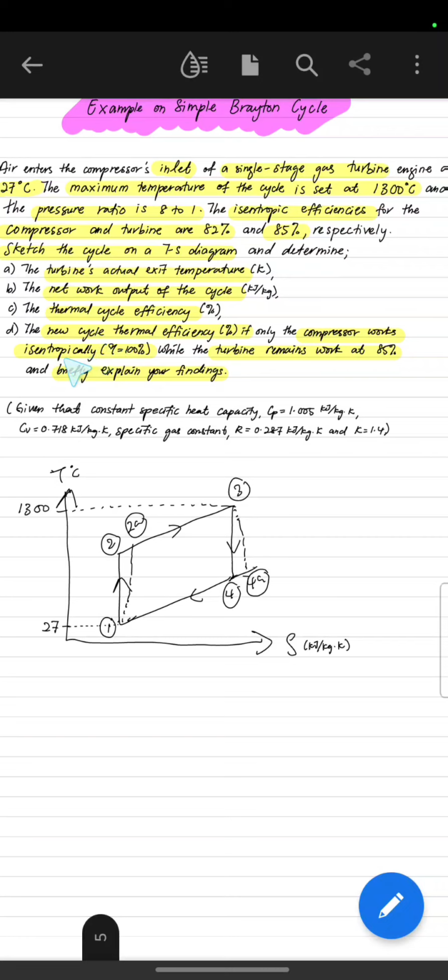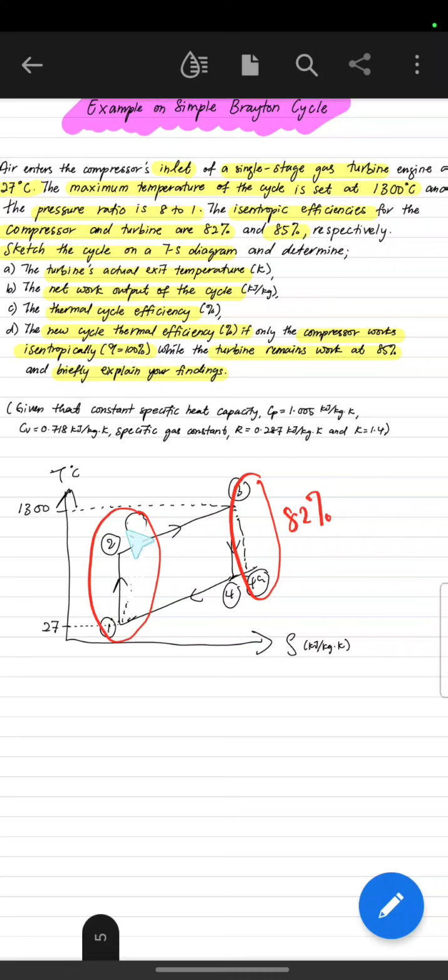For this part D over here, it means that your compressor is working at 100%, so you don't have this T2A value over here. Meaning that your compressor is working at 100% efficiency, whereas your turbine is still remaining at 82% efficiency.